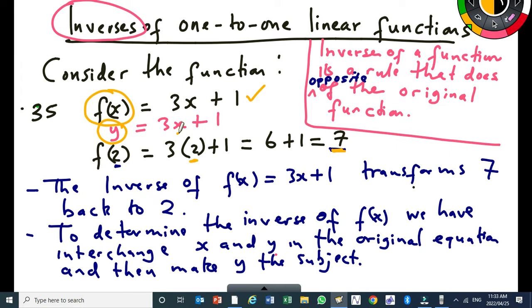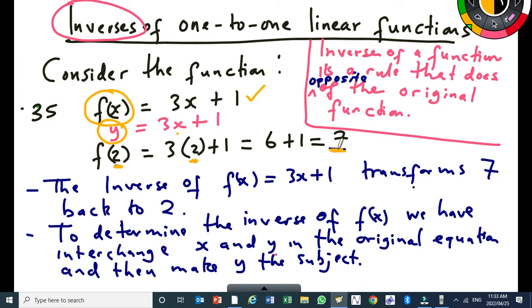Then I decided to choose x equal to 2 and substitute it into the equation. So f of 2 is the same as 3 times 2 plus 1. That will give you 6 plus 1, which is 7. So I substituted x equal to 2 into the equation, and then I got 7. So the 7 is a y value. The 2 is an x value.